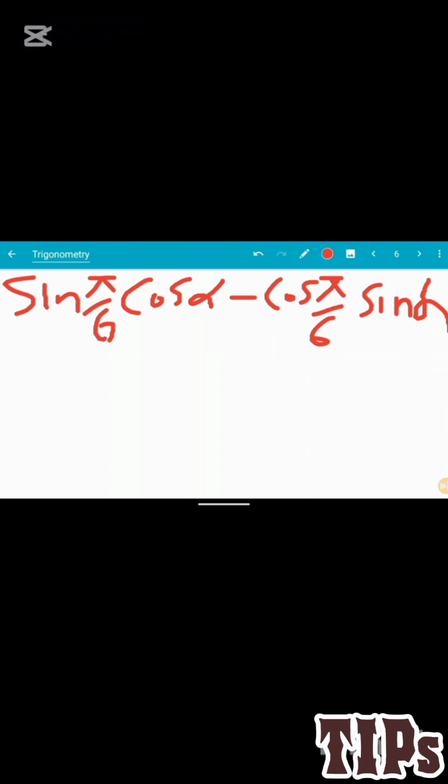Note that lambda is very small, don't forget, put it at your right hand. So therefore, sine pi over 6 is 1 over 2, cos lambda, when the angle is small, is equal to 1, minus cos pi over 6 is known as root 3 over 2, and sine lambda is known as what?